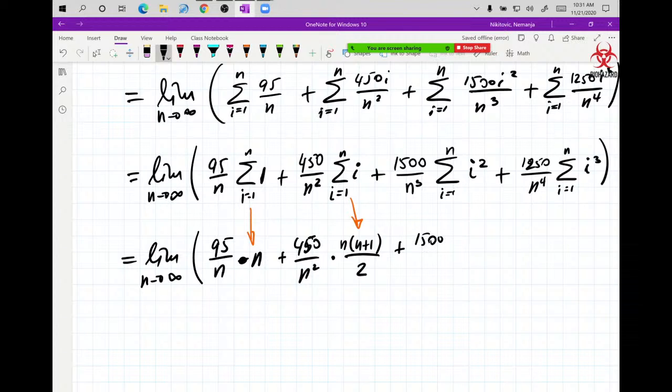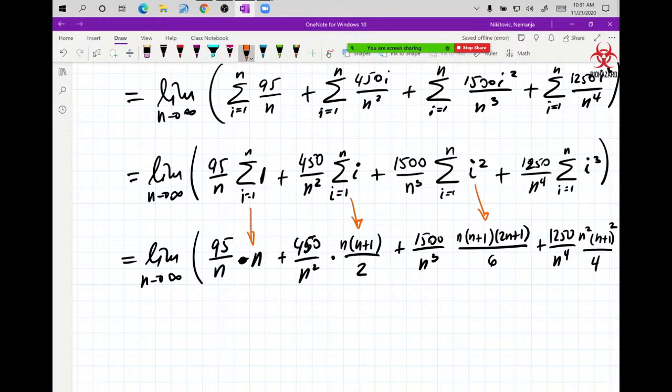Plus 1500 over n cubed, and then for i squared you have n plus 1, 2n plus 1 over 6. That's your i squared. And finally, plus 1250 over n to the 4th, and you have n squared, n plus 1 squared over 4.